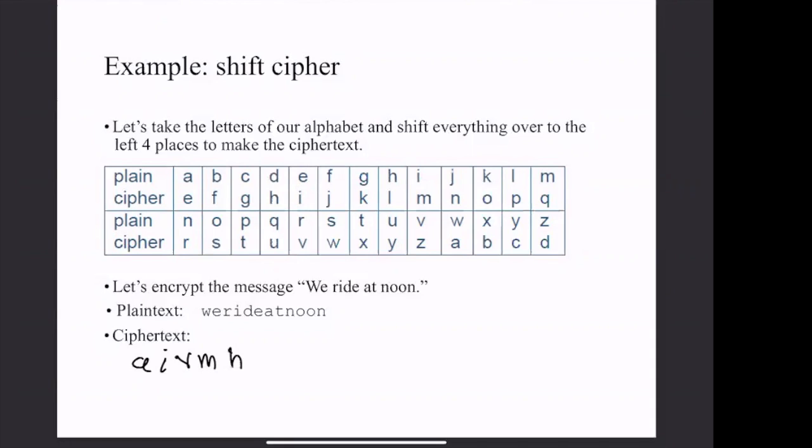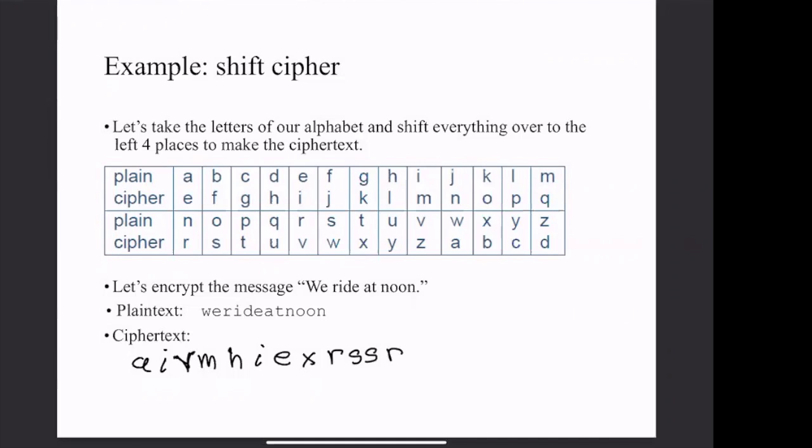So D is H, E is I, A is E, T is X, N is R, O is S, I got 2 O's there, and N is R again. All right.